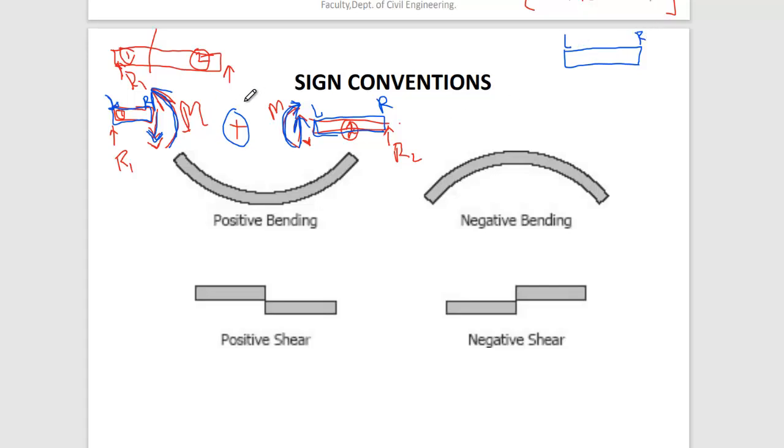According to the norm, for the left portion, clockwise is positive, right? Do you understand? Yes, sir. Upward shear is positive. And for the right portion, anti-clockwise is positive.